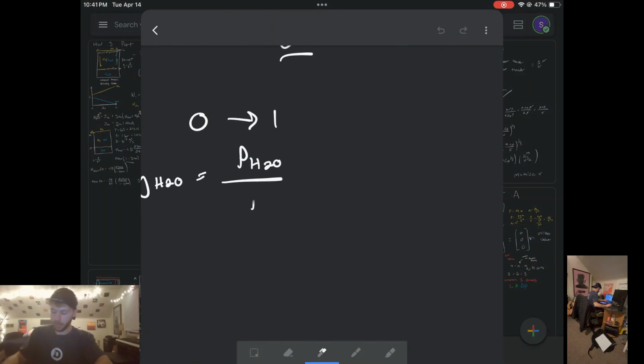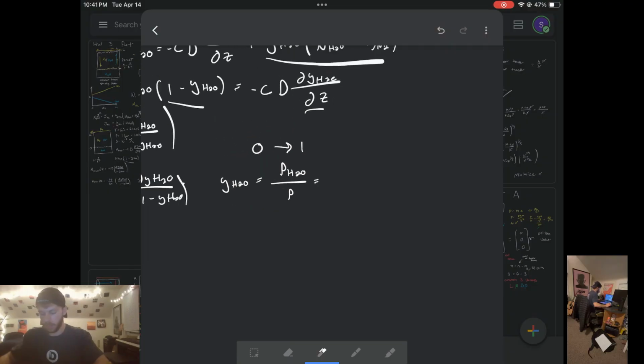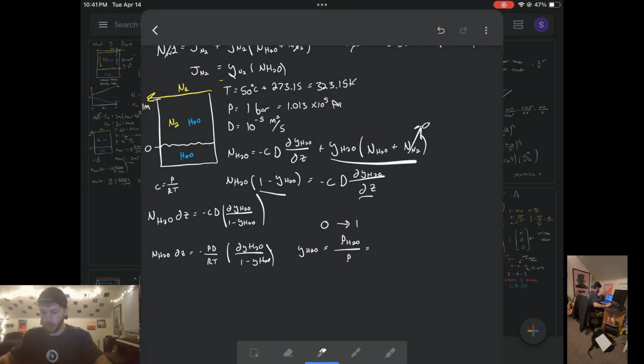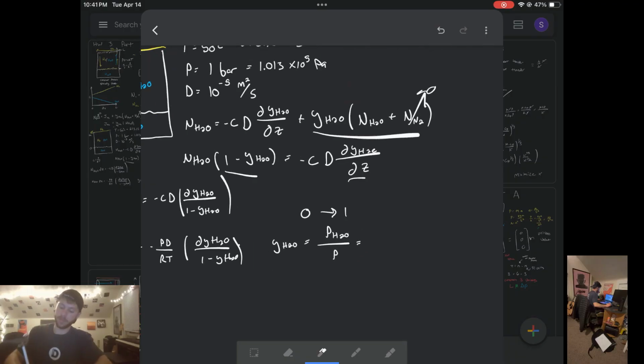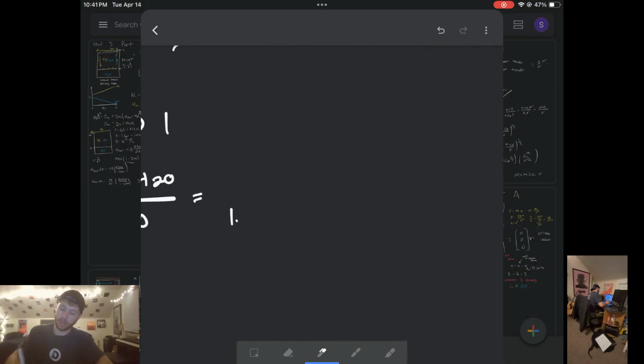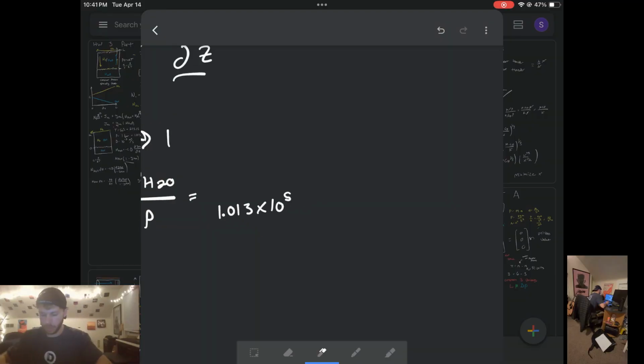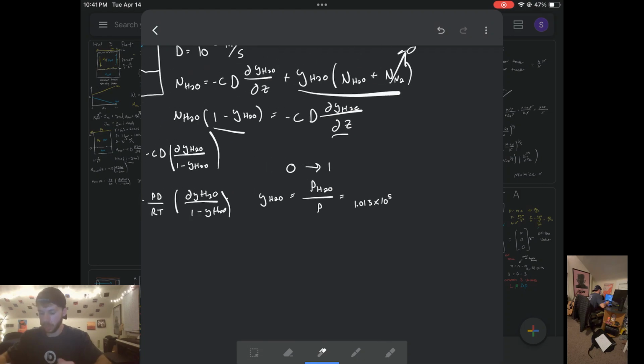So we have our total pressure of the system, which is 1.013 times 10 to the 5th. For water, we can use Antoine's equation to find that value, or we could just Google it.